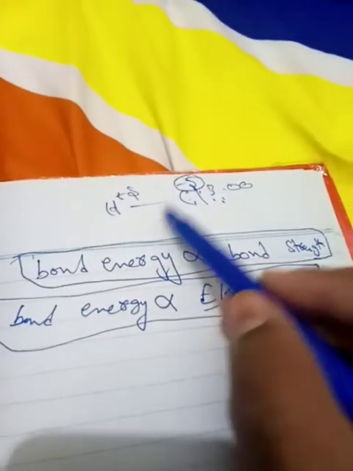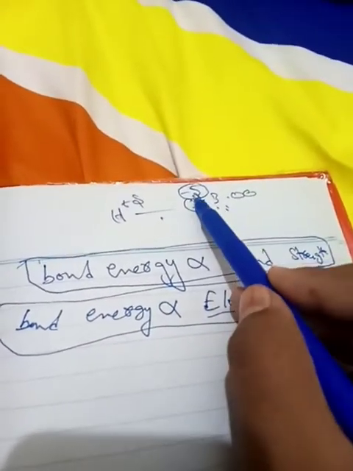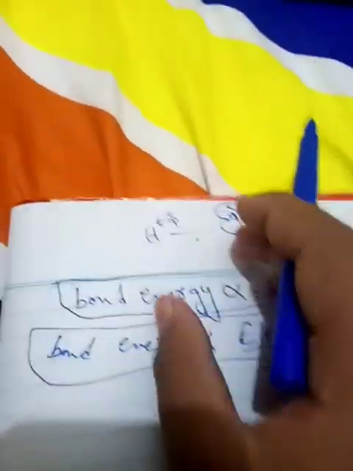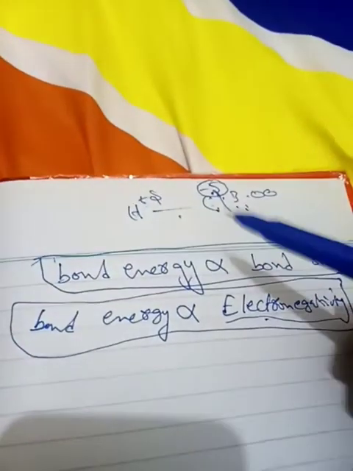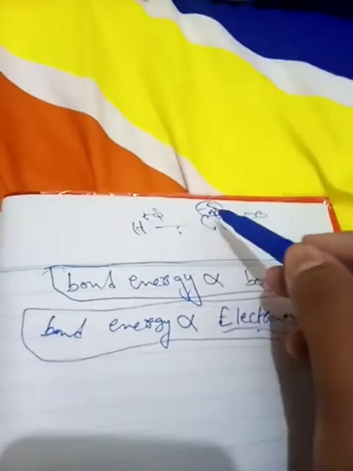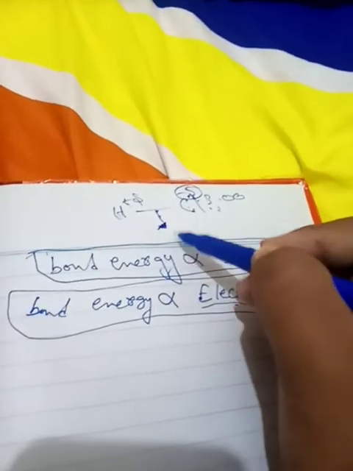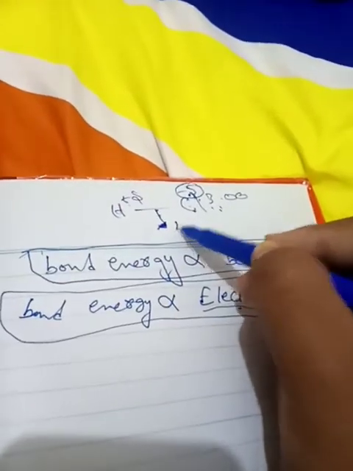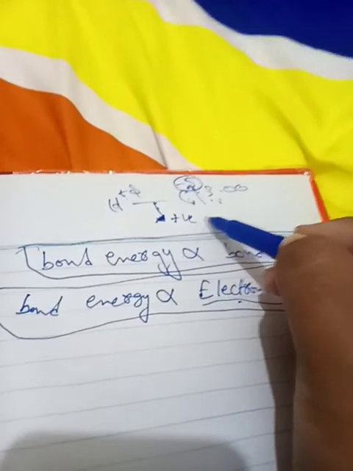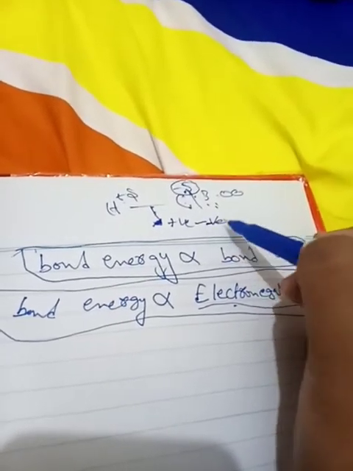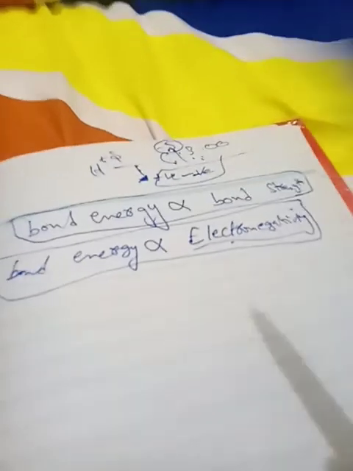So chlorine gets a partial negative and hydrogen gets a partial positive, and this bond will be stronger because positive and negative signs attract together. Bond energy is directly proportional to electronegativity.